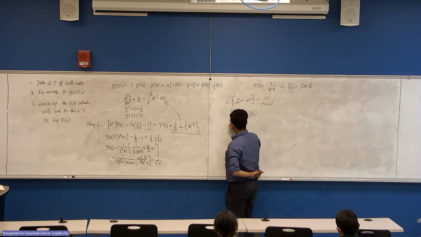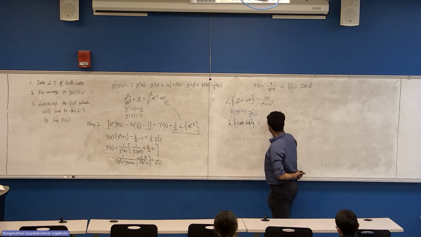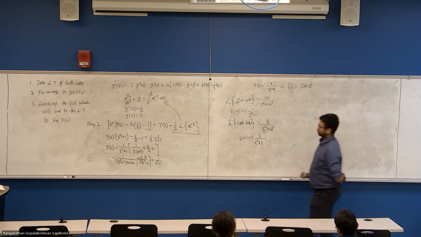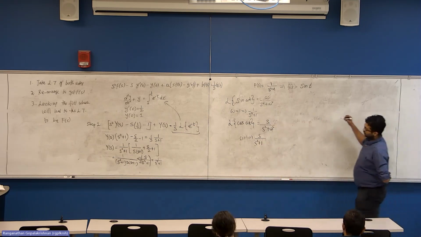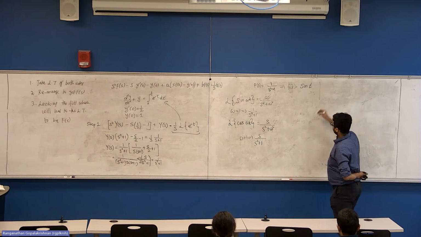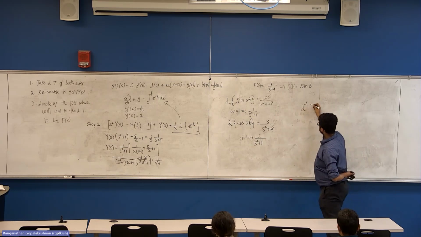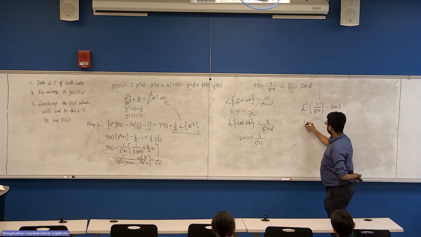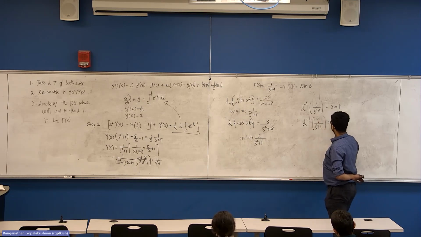And if you do the Laplace transform of cos omega t, this will come out to be s divided by s squared plus omega squared. Again, setting omega equal to 1 gets you s over s squared plus 1. So I will write: the inverse transform of 1 over s squared plus 1 is sine t, and the inverse transform of s over s squared plus 1 is cos t.